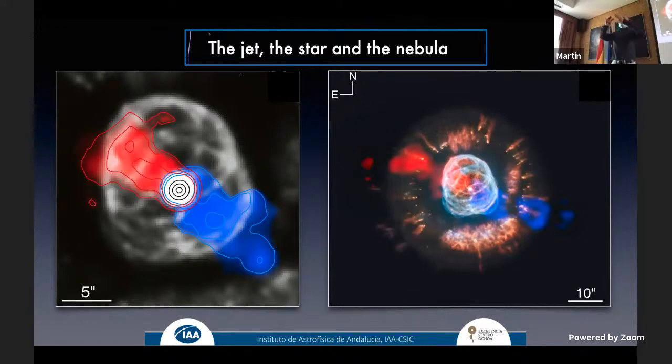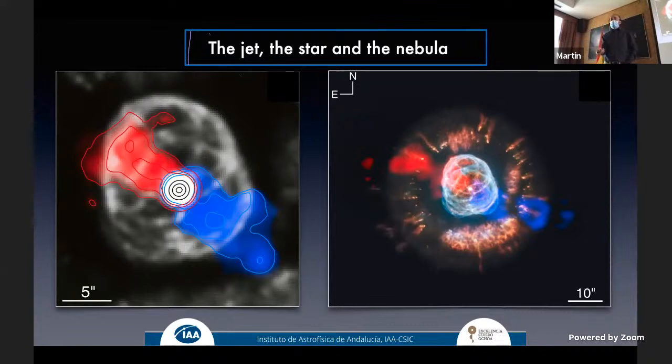And when we compare it with the outer nebula, we see that the jet has some kind of precession-like motion, and it even extends outside the nebula. Here and there it's projected against the nebula, but we see clearly that it goes beyond the limits of the nebula. So there is no real connection between the jet and the nebula.